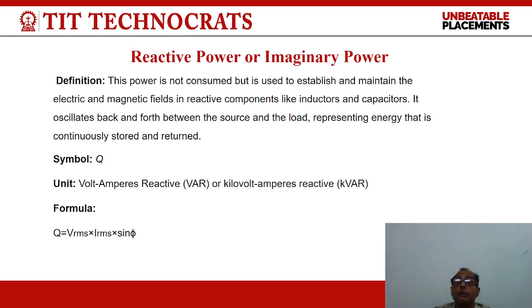It oscillates back and forth between the source and the load, representing energy that is continuously stored and returned. The other definition for reactive power is that it is the product of voltage and component of current perpendicular to voltage. It is denoted by Q and its unit is volt amperes reactive or kilovolt amperes reactive. The mathematical formula is VRMS into IRMS into sin phi.